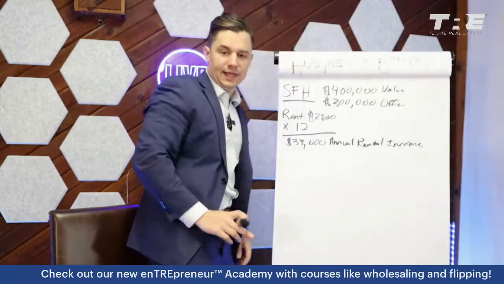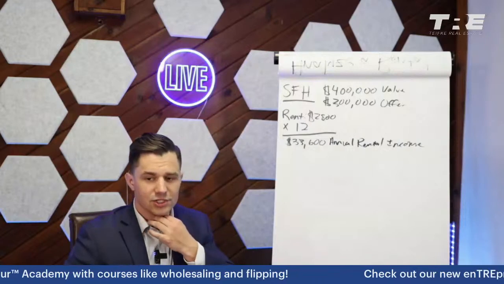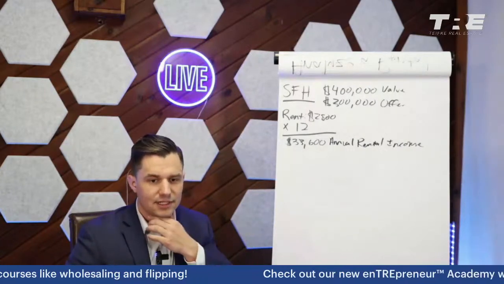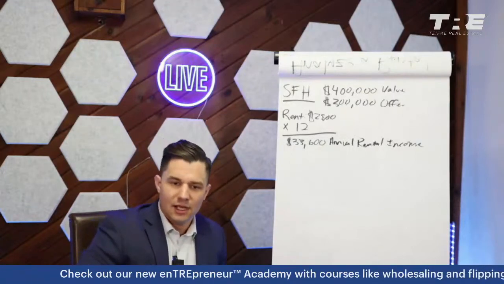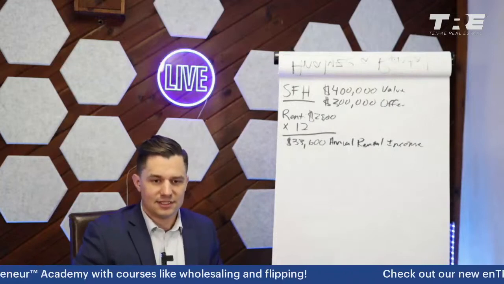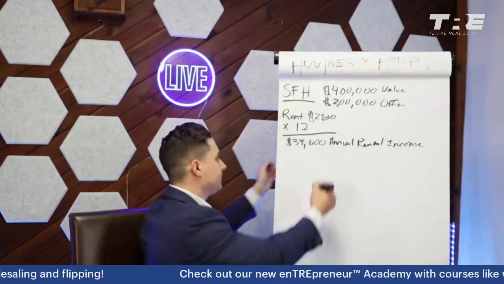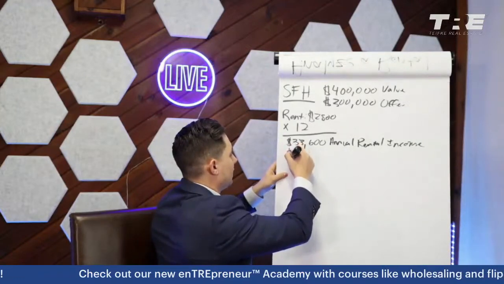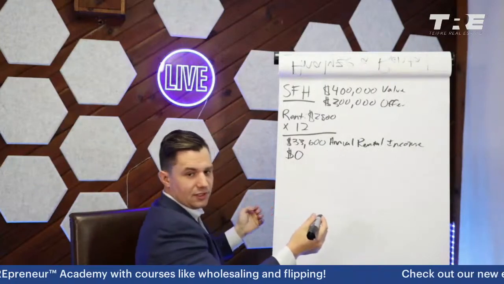All right. Now, if you're charging pet rent, late fees, application fees, pest control fees, trash fees, utilities, these types of things would all be what's considered other income. For this single family home, we're going to put it as $0 just for simplicity.